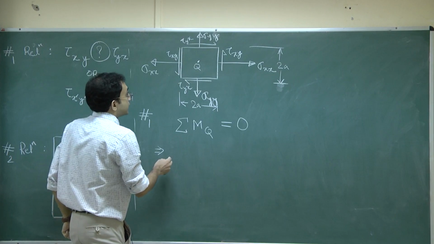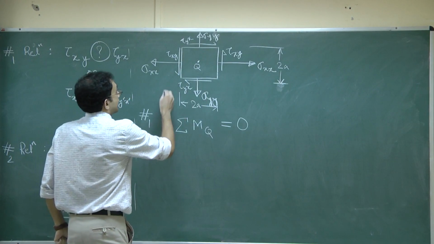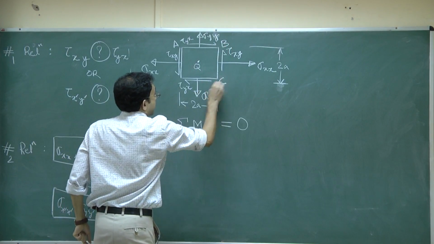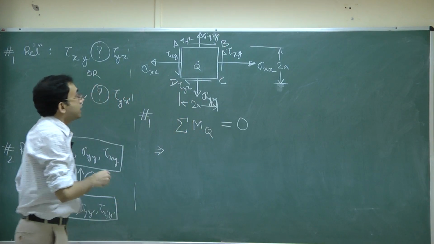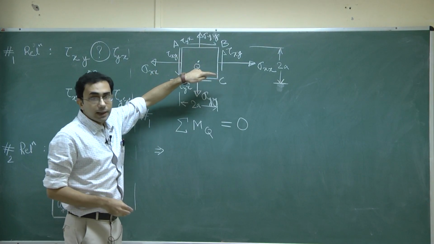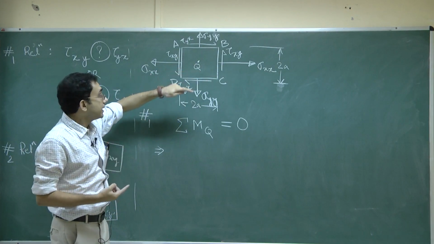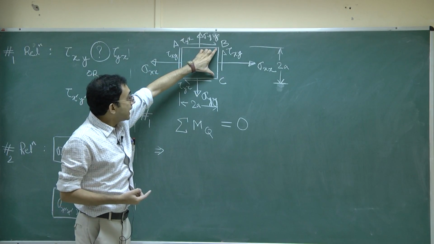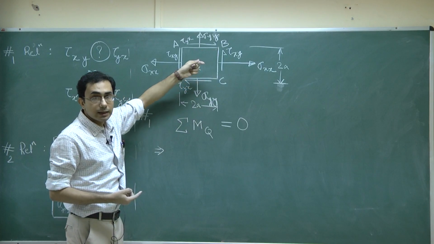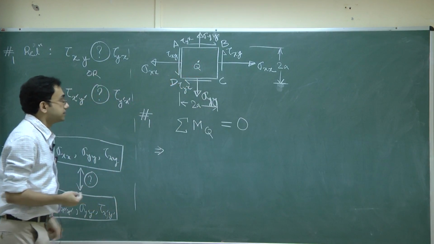Let me just quickly name these vertices. So let's say this is A, B, C, and D. Considering the face BC. Now when I say the face BC, it actually means the edge BC together with the little thickness that is going into the plane of the board.